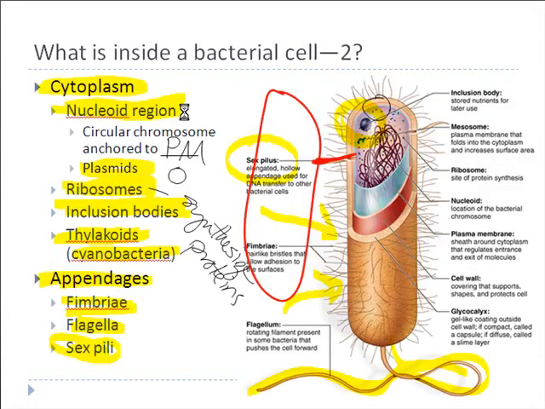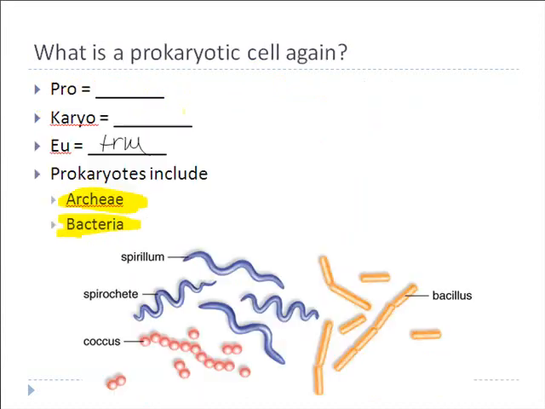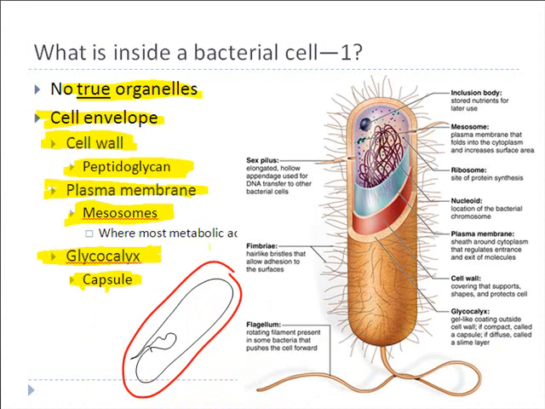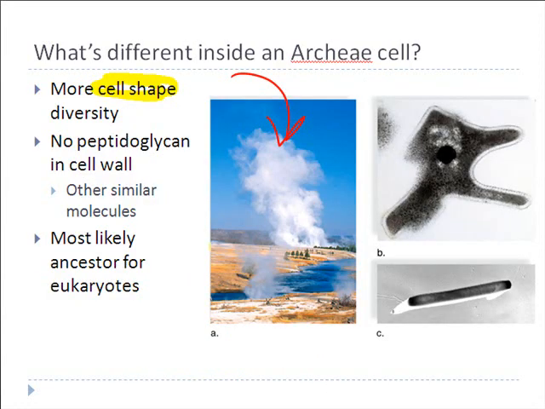Back here a couple slides ago, you saw a picture that showed you some of the more common shapes of bacteria, and they could include little rod-like structures called bacillus, little round berry-shaped cells called coccus, and then squiggly-like cells that can be called either spirochetes or spirillum depending. By comparison, you can get a lot more different variety in cell shape among archaea. You can see this archaea actually looks almost like it's shaped like a star.